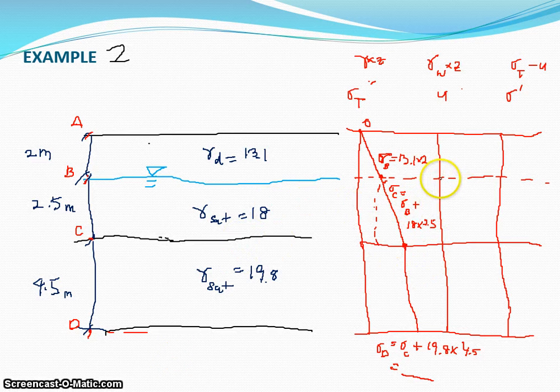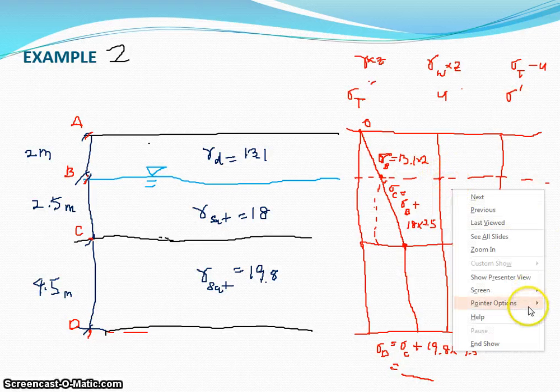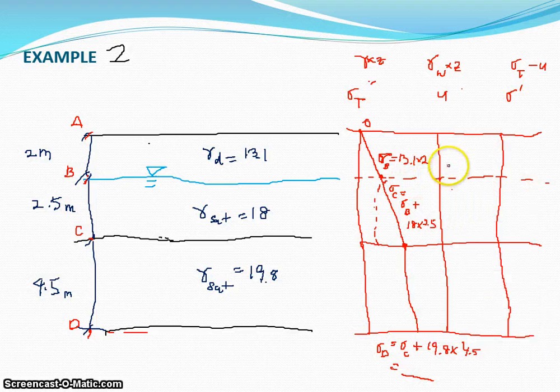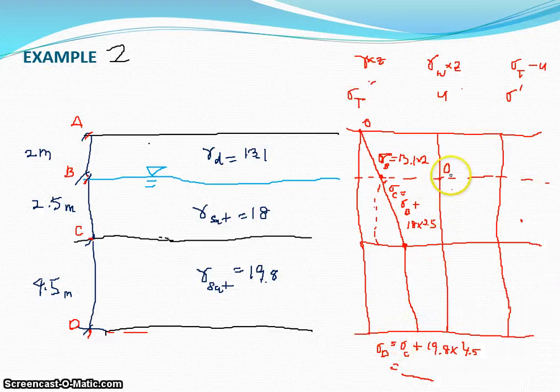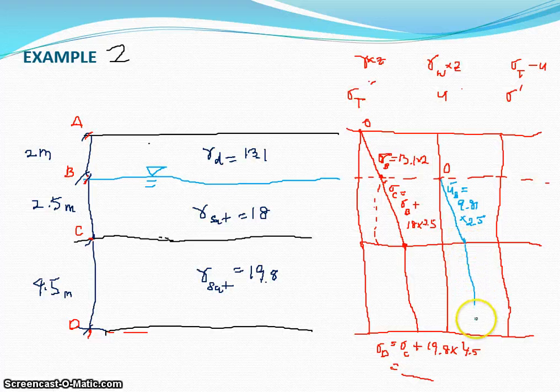Similarly, let's calculate the pore pressure. At the groundwater table, the pressure is 0. Below, it is 9.81 times 2.5, so this is u at B. And how about the pore pressure at C?